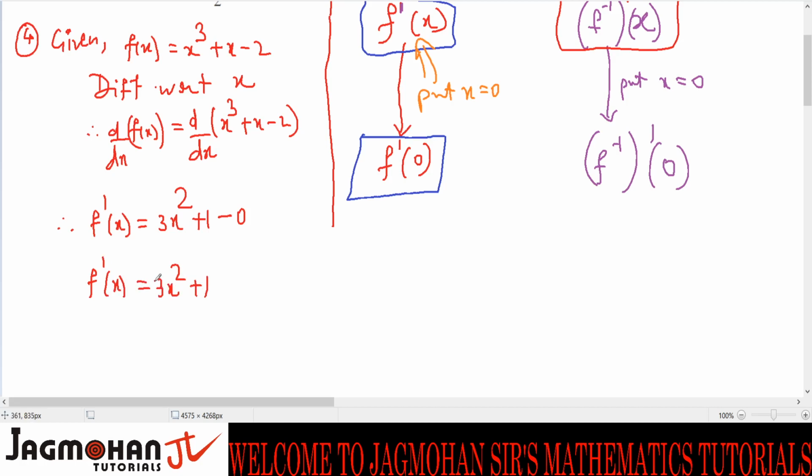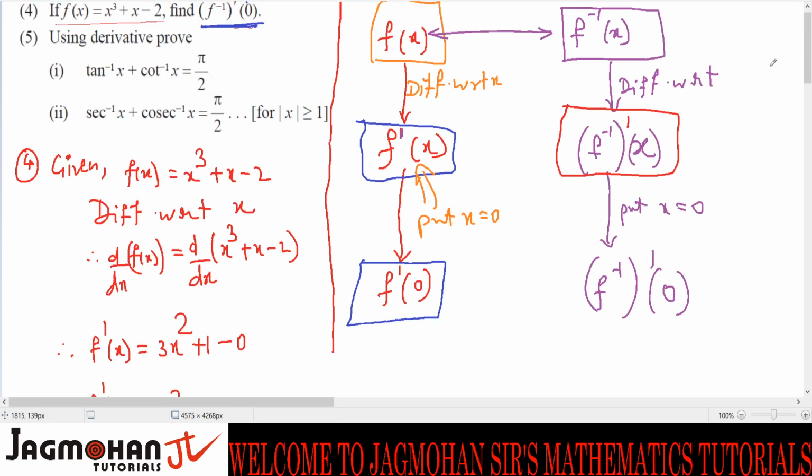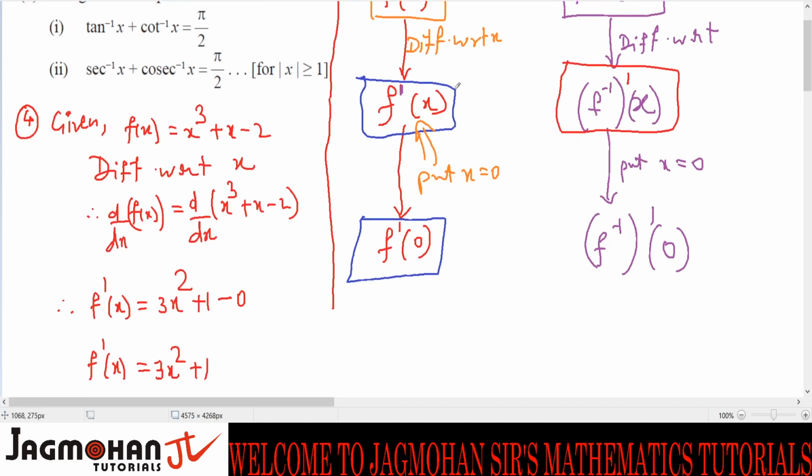I know what you all are thinking. You are thinking, why did sir solve for f dash x, because f dash x wasn't to be found. We did not have to find f dash x, we had to find f inverse dash.